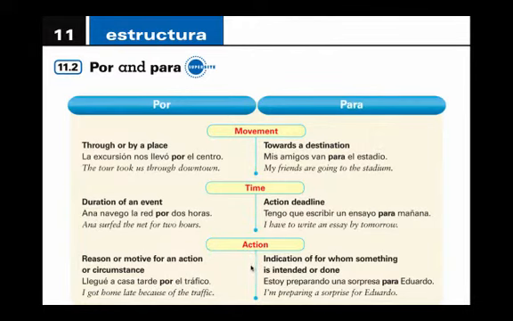However, with para, we see it used as an indication of for whom something is intended or done. All right? Estoy preparando una sorpresa para Eduardo. So this is something that I'm doing for, intended for Eduardo.